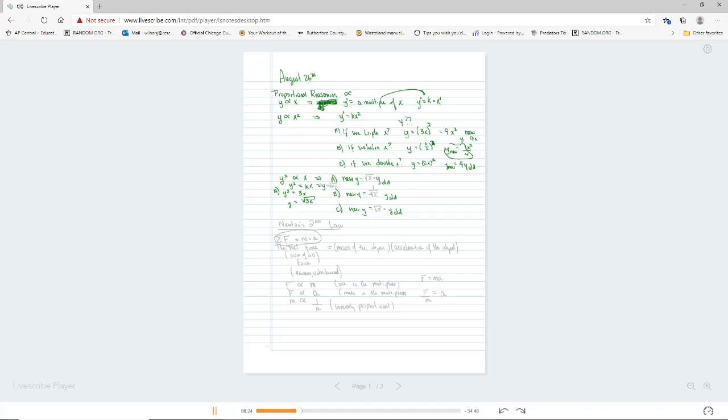So normally y is square root of kx. If I solve for y, y is square root of kx. So now when I triple x, what do I get? The new y is the square root of 3 times the old y.